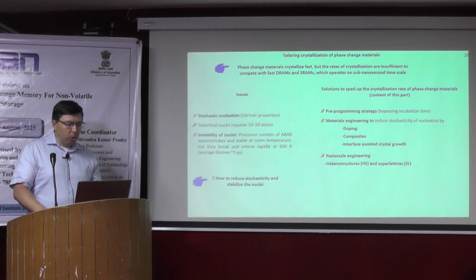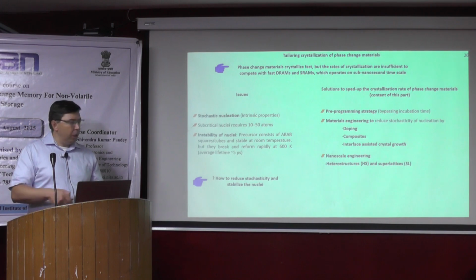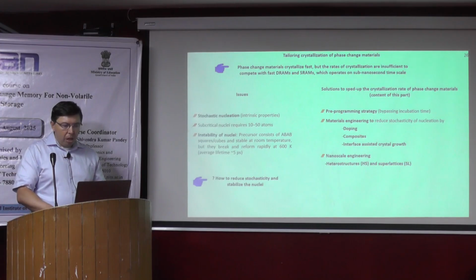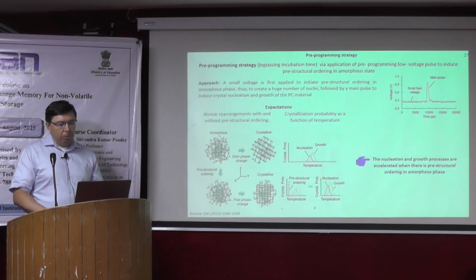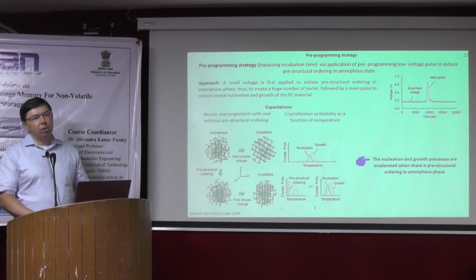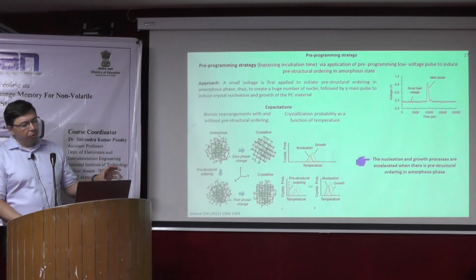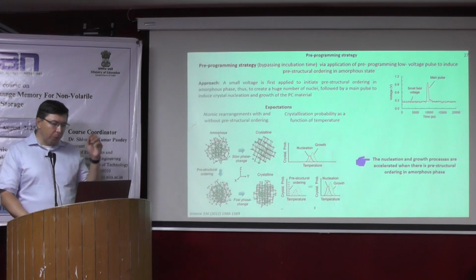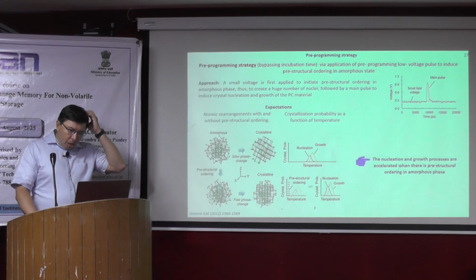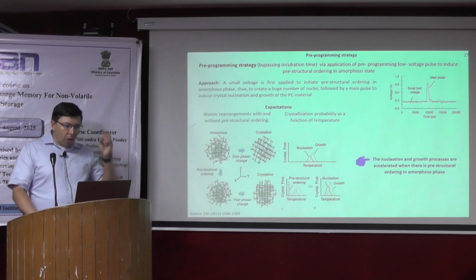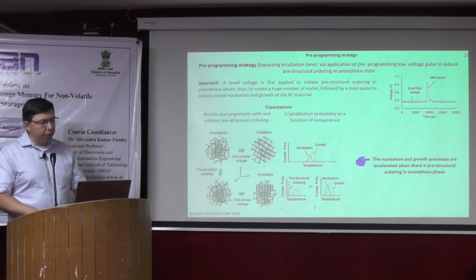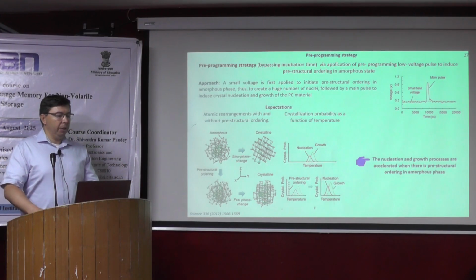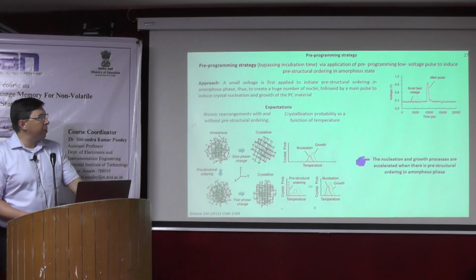So let us look at the first strategy, the pre-programming strategy. This pre-programming strategy is based on the formation of nuclei before the full crystallization of the material. And how is it achieved in the phase change cell?